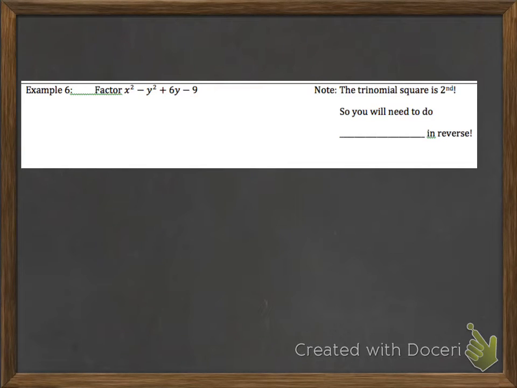Right, then taking a look at example 3. This is one where you are looking for a perfect square trinomial, but the trinomial square is second in there, so we need to make sure to do kind of subtraction in reverse. We've got to be able to kind of pull out that negative.